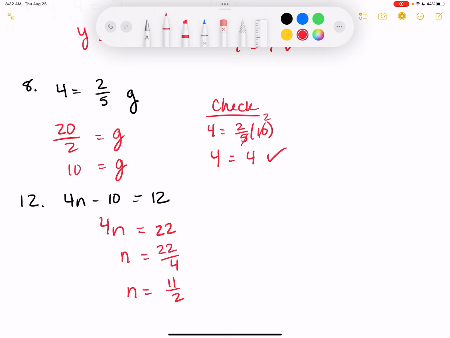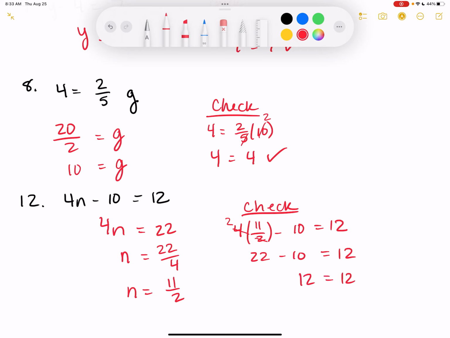So then to check, we have 4 times 11 over 2 minus 10 equals 12. The 2 and the 4 can cancel to give you a 2 on top, so that's going to give you then 22 minus 10 equals 12, and then 12 equals 12.